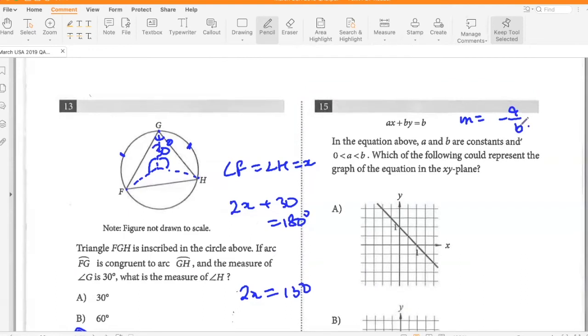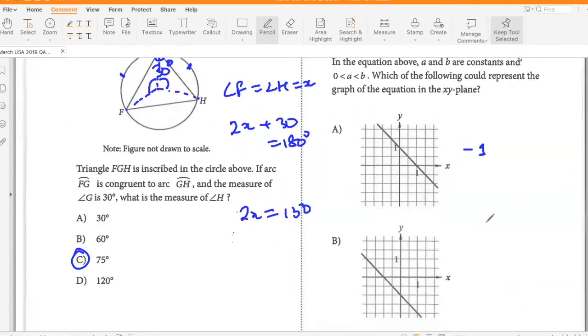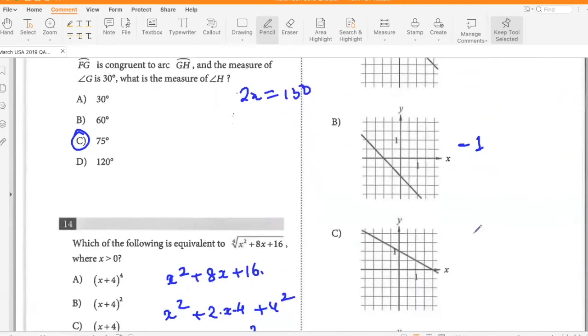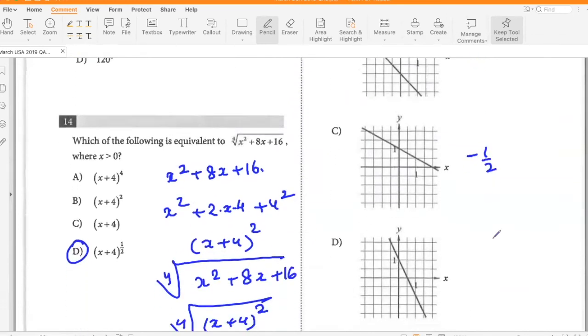So let's work with the options. The slope here is -1. The slope here is also -1. The slope here is, counting 1, 2, 3, 4, -1/2. And the slope here is -2, right?